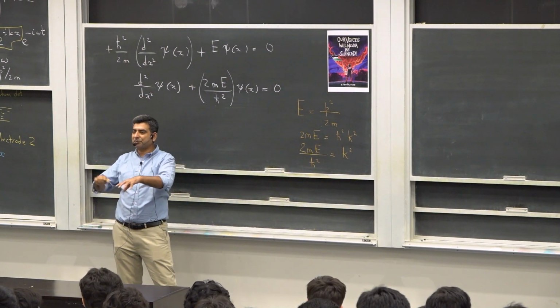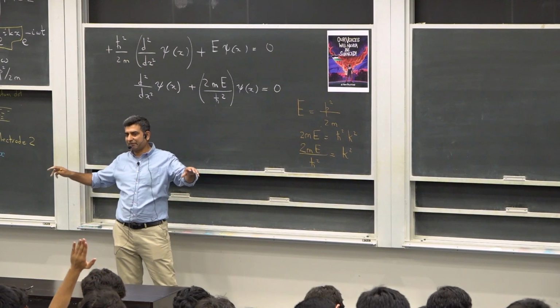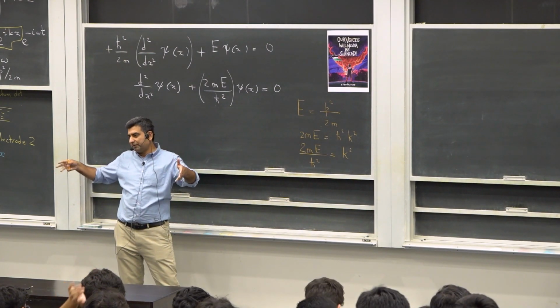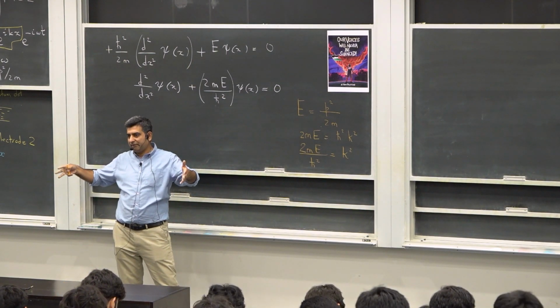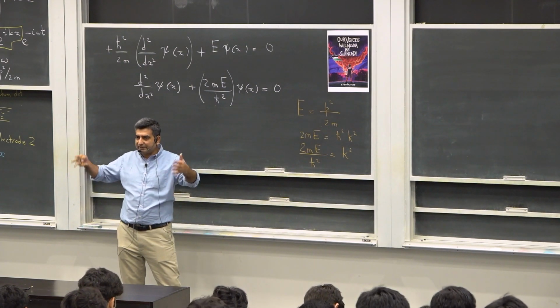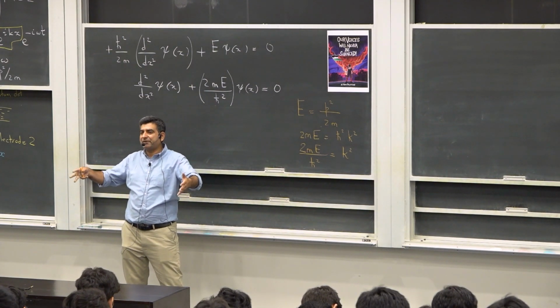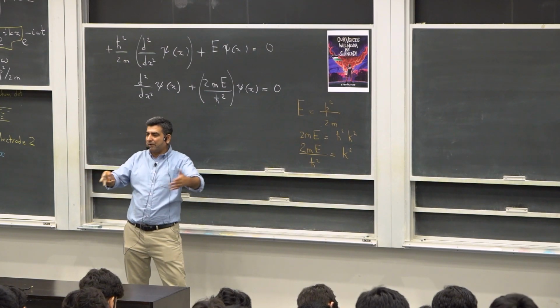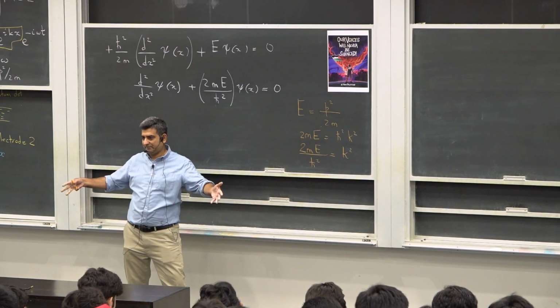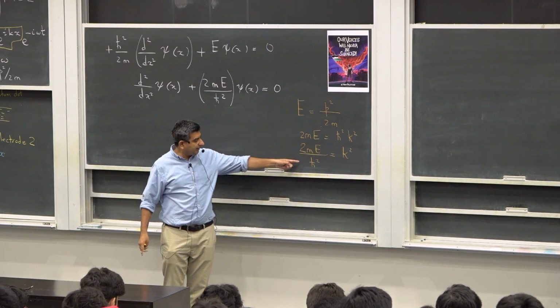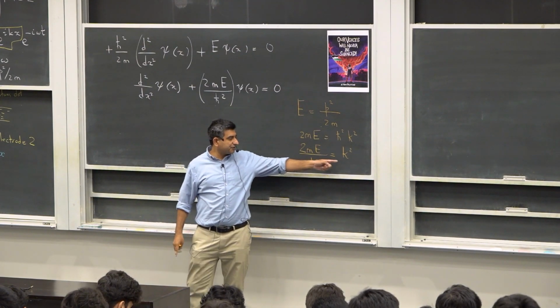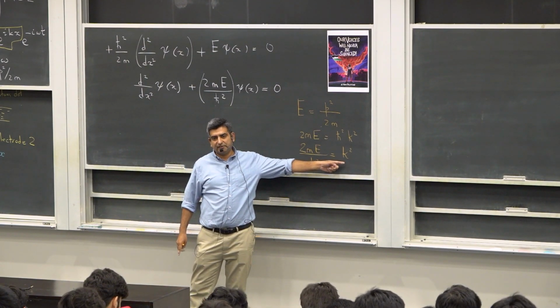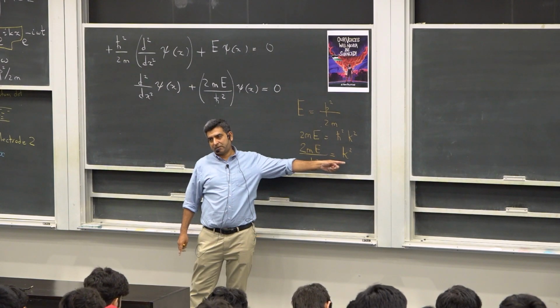So there is a wave associated with this particle inside the well. That wave is a quantum wave. It's also called a matter wave, and the time independent Schrödinger equation tells us what this wave looks like. And 2mE over h bar square has dimensions of the square of k, 1 over meter square.